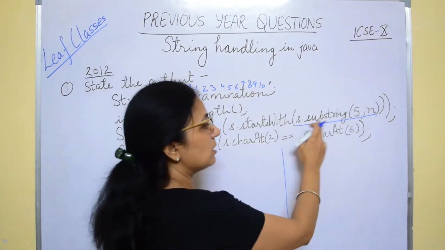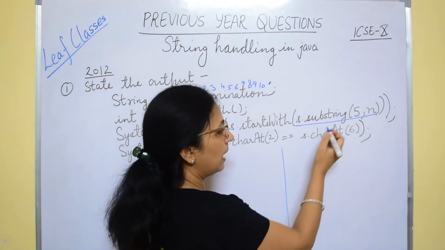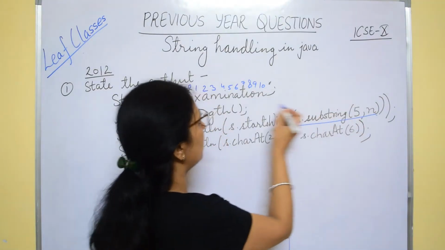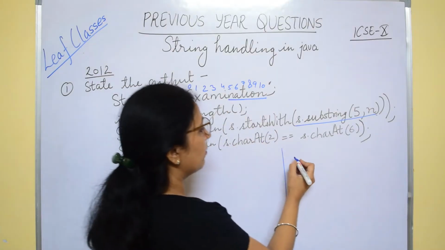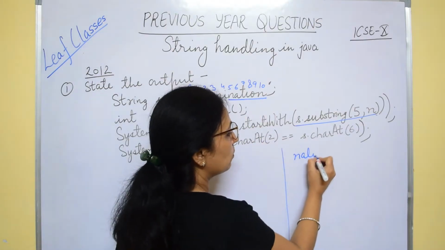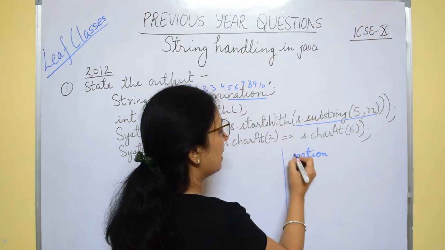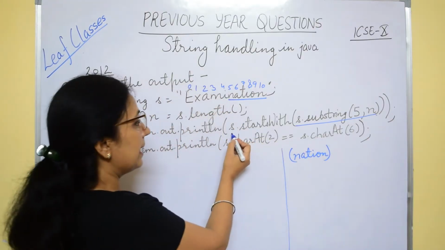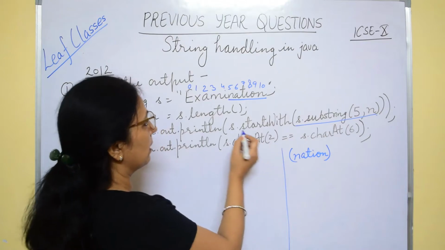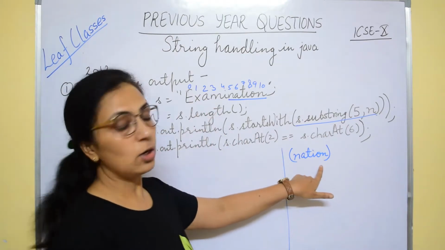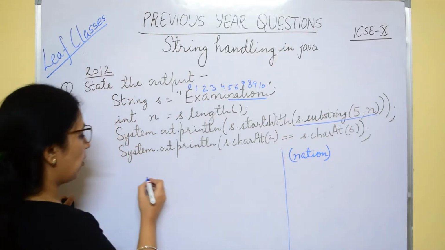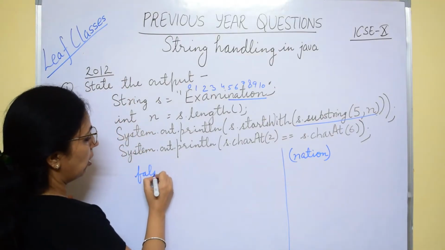So S.substring(5, n), what will be the result of this? Starting from 5 till 10, 11th will not be there, so it will be "nation". And then it is S.startsWith. Is string S starting with "nation"? No. So the answer of this will be false.